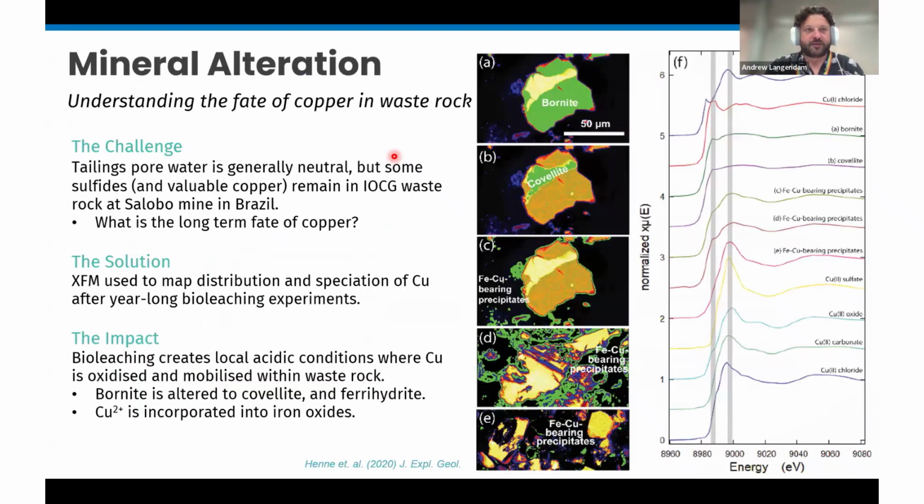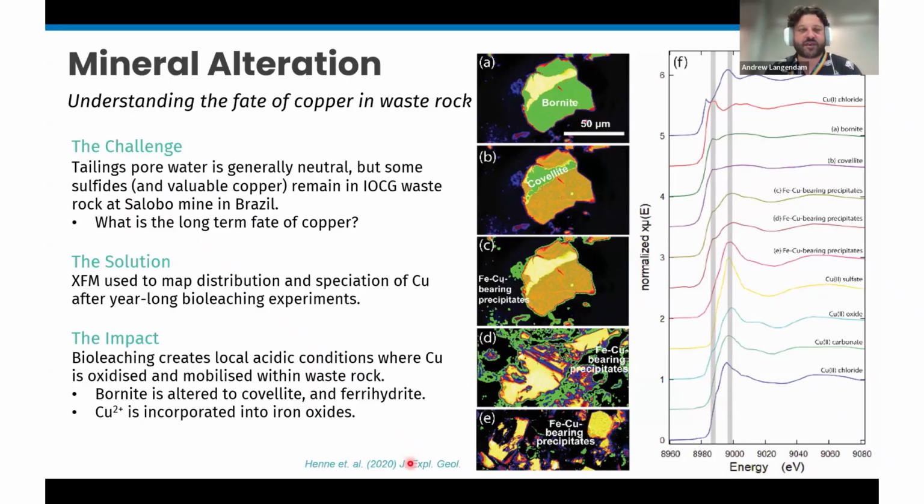So to do that, we do that here in 2 dimensions. Basically, what you're doing is you're collecting a map at a given energy. You can change the energy of the beam slightly and then collect it again, and do that again. If you do that enough times, 100 or so times with given spacing, you can build up maps like this where you can then extract what we call XANES spectra, which will tell you about the bonding environment within a sample.